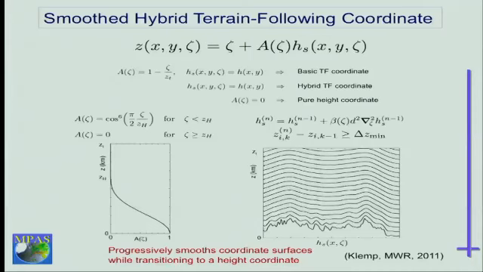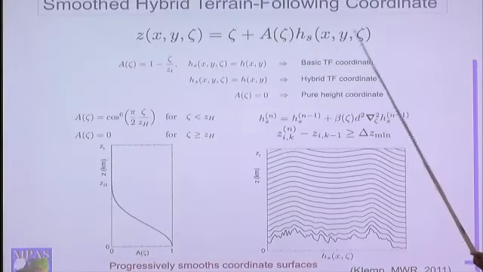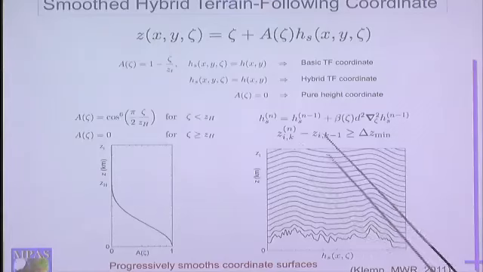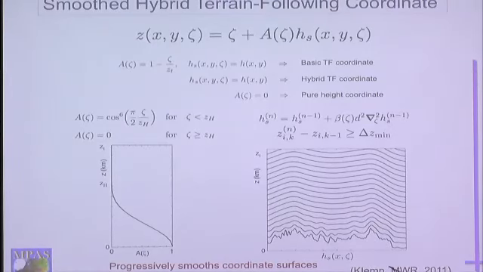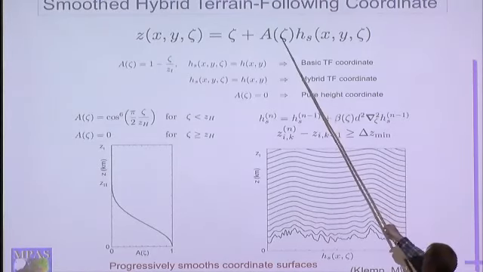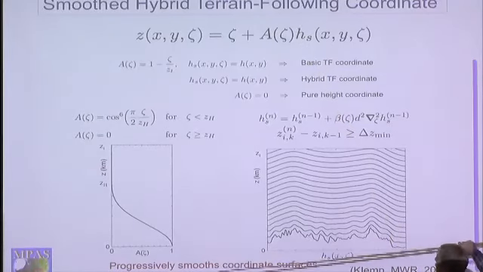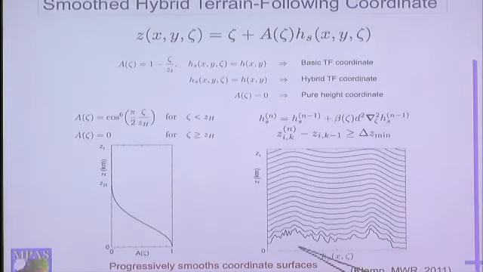This again looks a lot like the regular hybrid coordinate formulation, except now instead of h, the terrain height, we have a more general function, which is also a function of the coordinate height, as well as x and y. Basically, instead of having this hybrid attenuation factor acting on the terrain height at every level, we take this terrain height and start smoothing it as we move up in height.